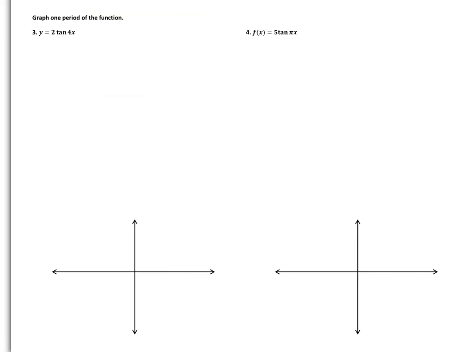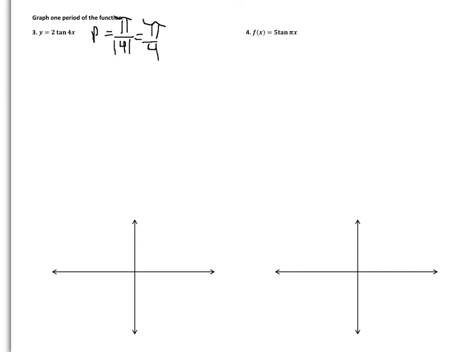Alright, it says y equals 2 tangent 4x. So the biggest thing you need to find here is the period, which is pi divided by the absolute value of 4. So it's pi over 4. And if you follow what we're talking about, it says just graph one period. Okay? So we only have to graph one period. So we need to go from 0 to pi over 4.